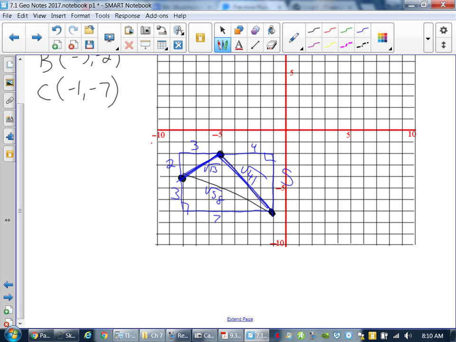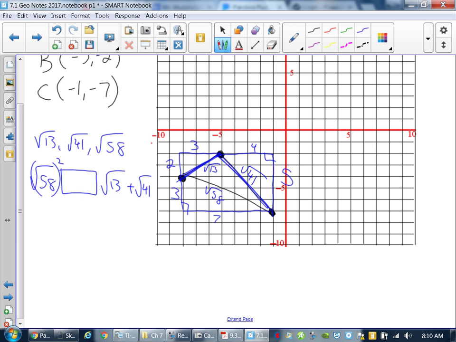Now you have 3 side lengths to check, like you did yesterday: square root of 13, square root of 41, and square root of 58. Which of those 3 is the largest? The 58. Even though it has a radical, it still works.